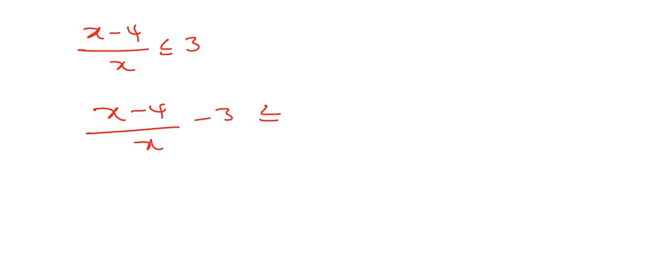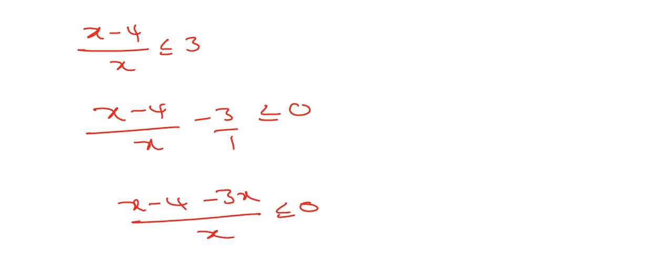There's x minus 4 over x. We've said it's less than or equal to 3. So when you take the 3 to this side, this is less than or equal to 0. This is going to be x minus 4 minus 3x over x is less than or equal to 0. This is going to be negative 2x minus 4 over x is less than or equal to 0.